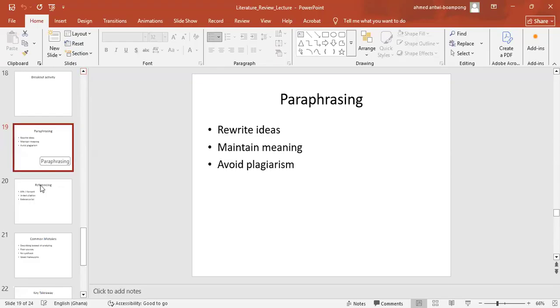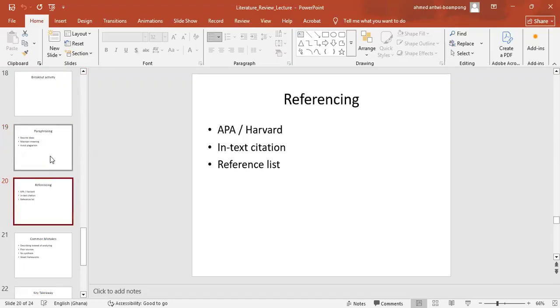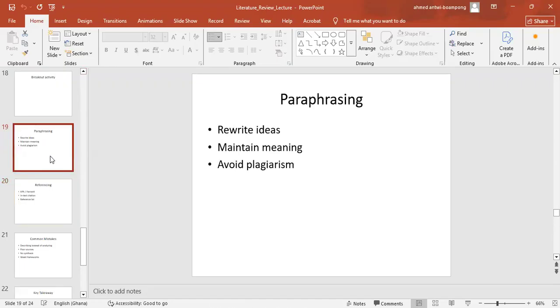Now, oftentimes, the struggle is on how to conduct a good literature review. Students would pick their ideas directly without paraphrasing and not citing properly.